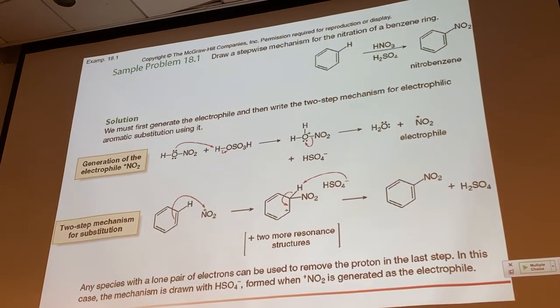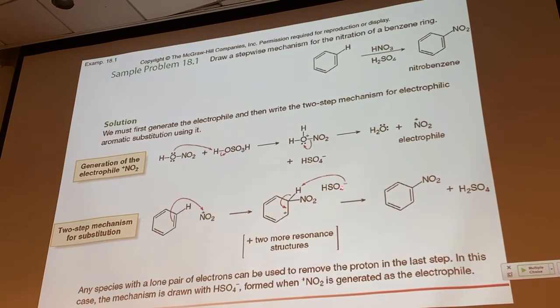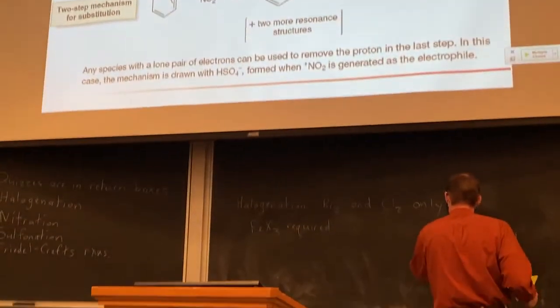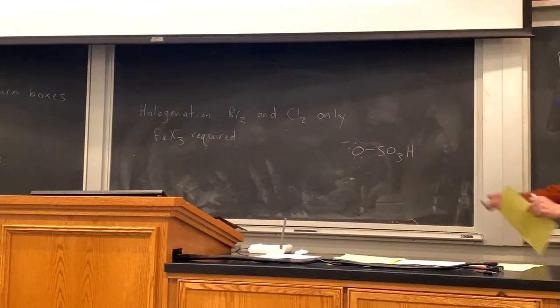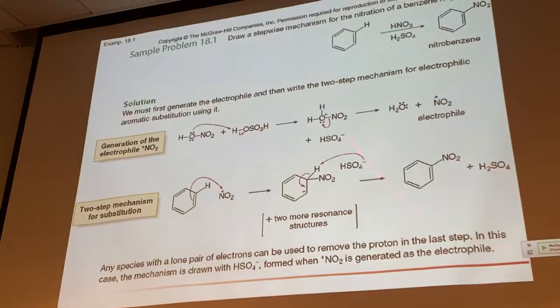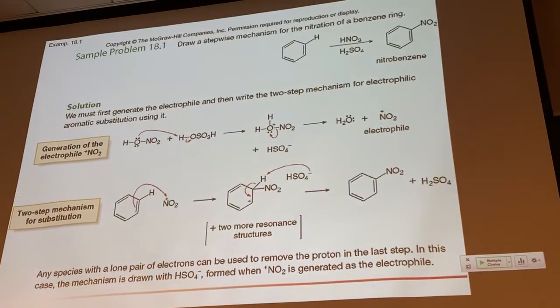This is one of the only places in the book where they've broken the cardinal rule of pretending that a negative charge is a lone pair. It's not. You would draw out HSO4 minus. I usually draw it out like this, right? So it's one of the lone pairs on this oxygen that is deprotonating that cation and generating the product, okay?